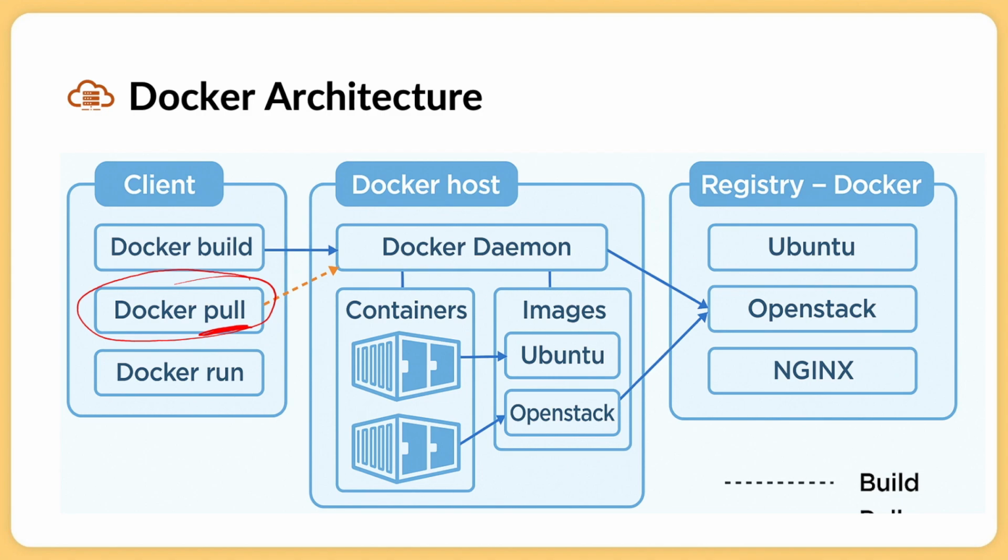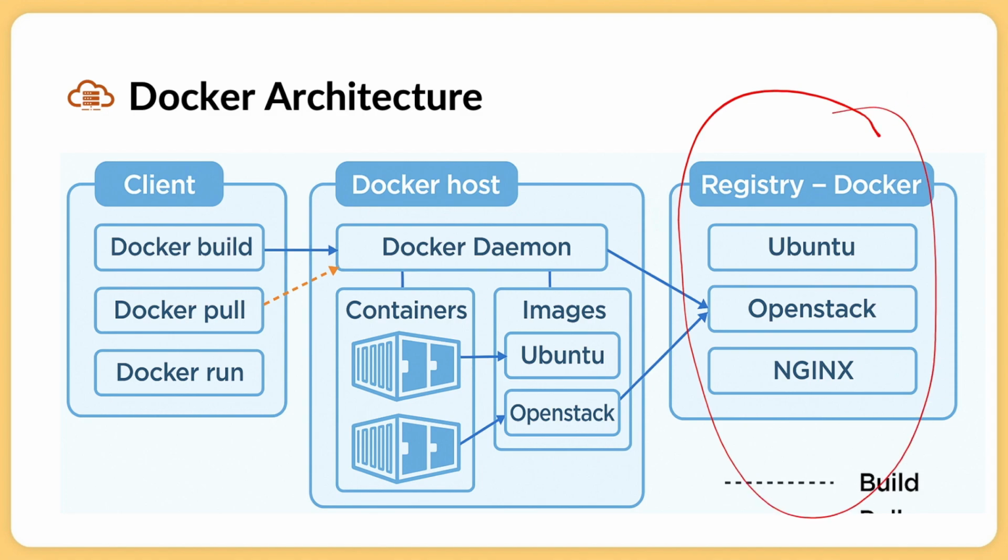Now you must be thinking, where is this image? That's where this component comes into the picture. There is a component called Docker Registry where we can host and share our images. Imagine you have created an image and you want to share it with your colleague or maybe a friend.